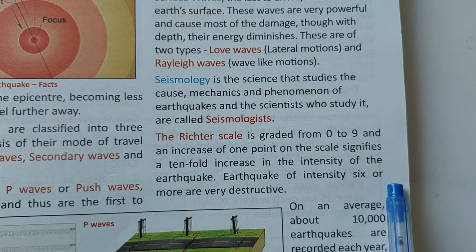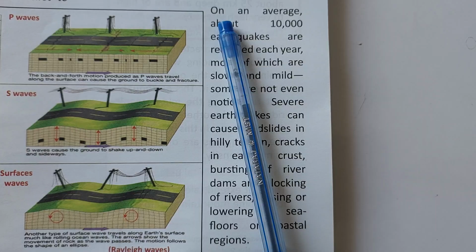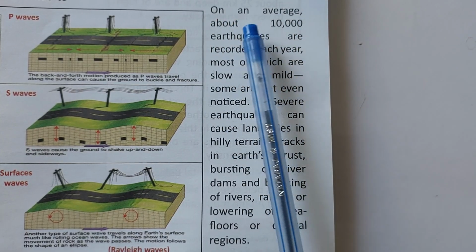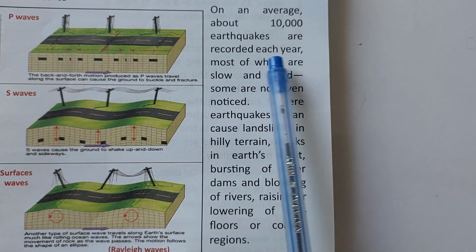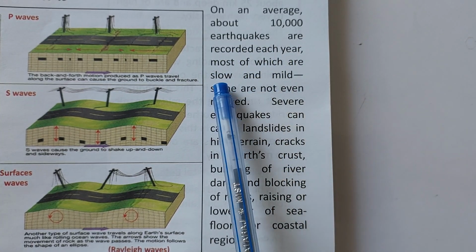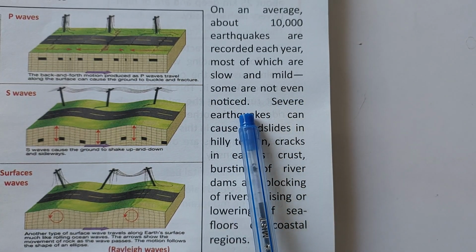Earthquakes of intensity 6 or more are very destructive. On an average, about 10,000 earthquakes are recorded each year, most of which are slow and mild. Some are not even noticed.